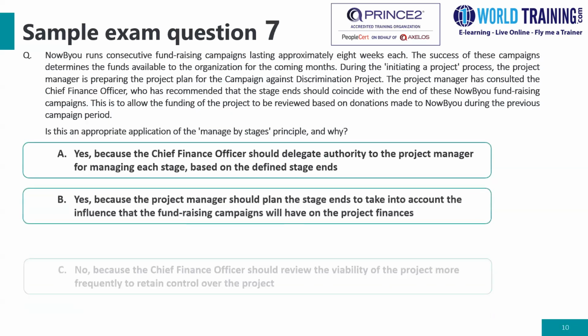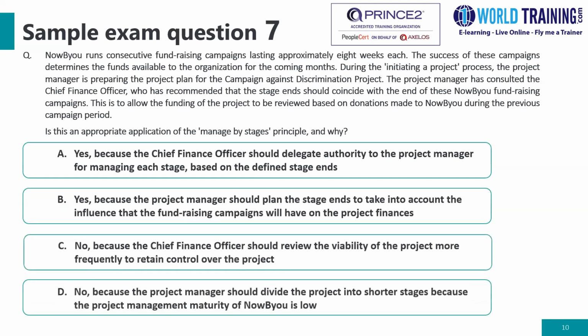Question number 7. Now BU runs consecutive fundraising campaigns lasting approximately 8 weeks each. The success of these campaigns determines the funds available to the organization for the coming months. During the initiating a project process, the project manager is preparing the project plan for the campaign against discrimination project.